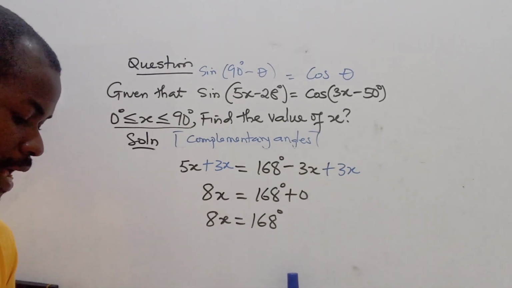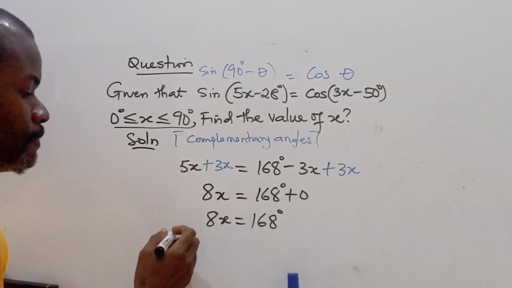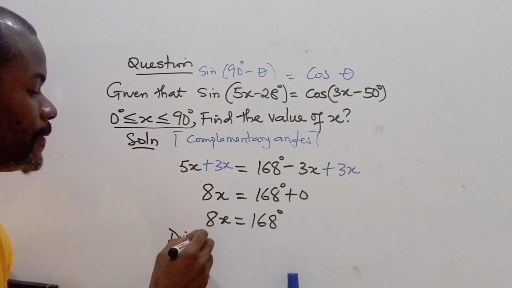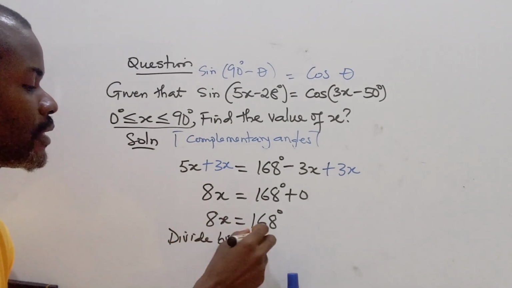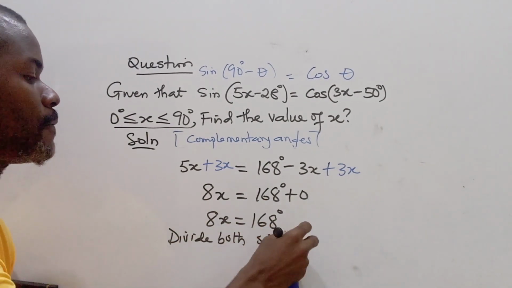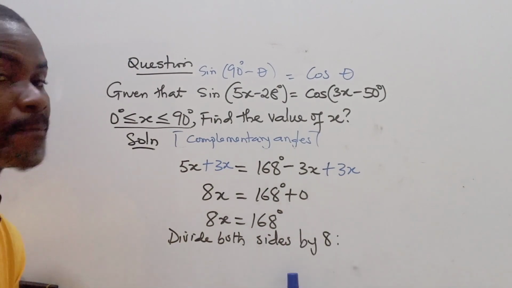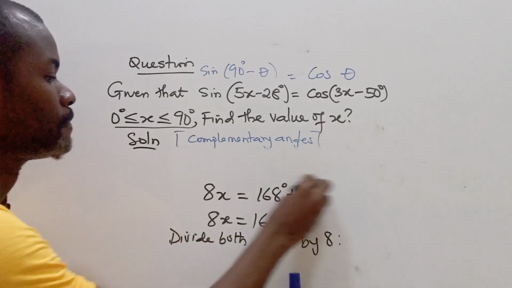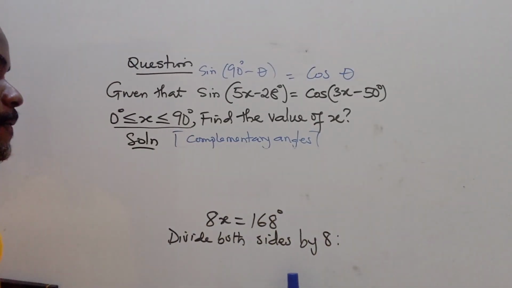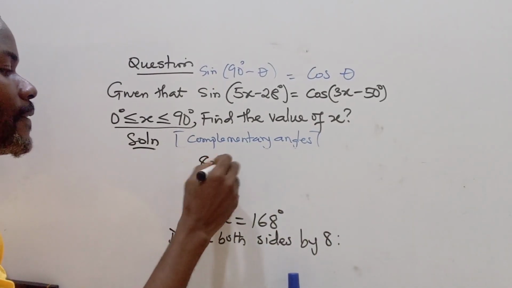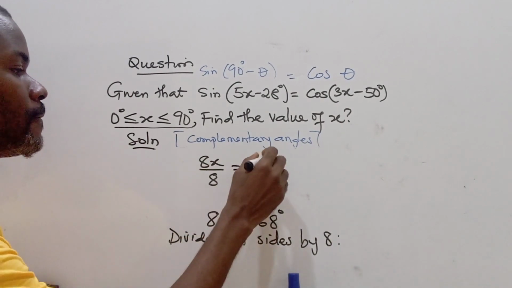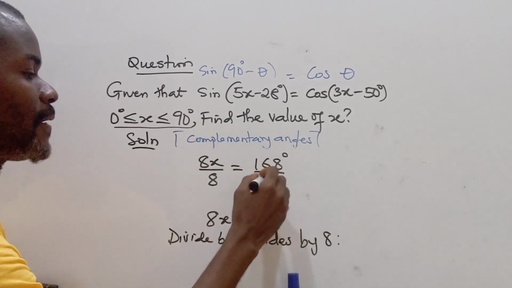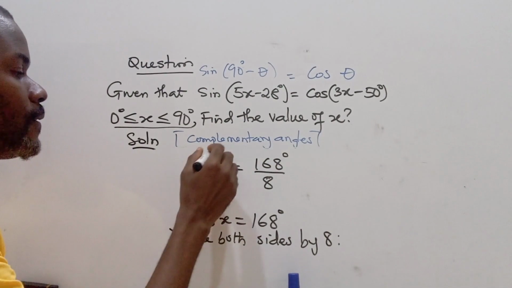Now from this point, how do we find x? Divide both sides by 8. Let's quickly divide both sides by 8 and see what we're going to get. So I have 8x divided by 8, and 168 degrees divided by 8. 8 here is 1, 8 here is 1.